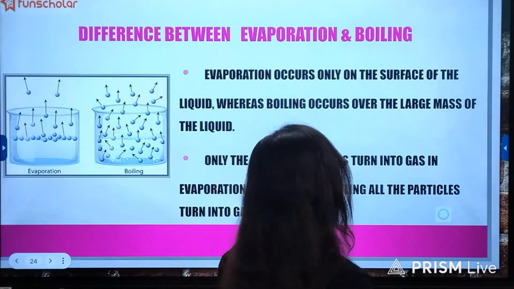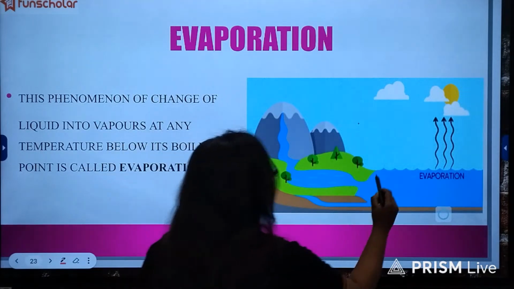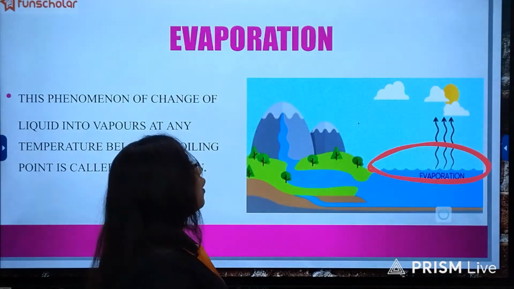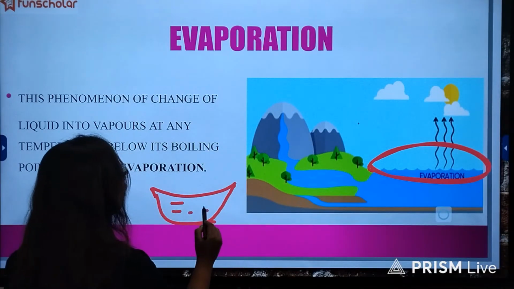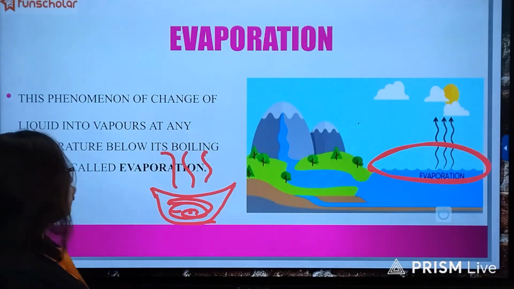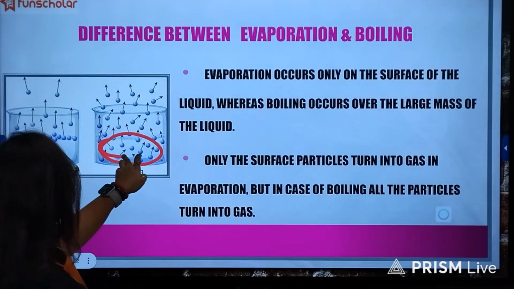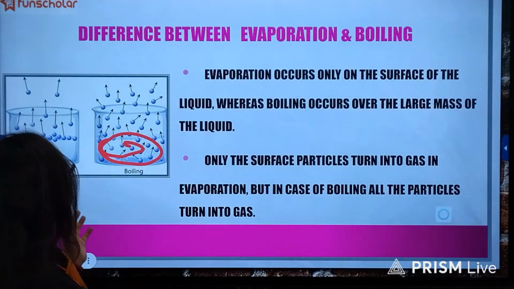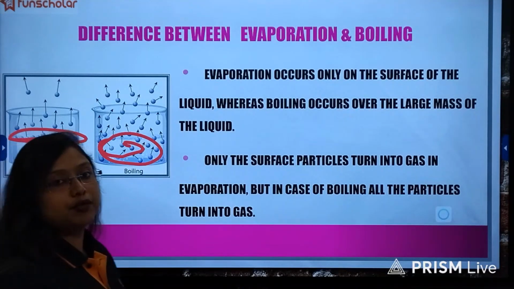If we talk about evaporation, there is a surface of water. Here you can see that evaporation is basically happening from this area, the surface of that particular liquid. But if we talk about boiling, we take this water in a pot, and boiling is happening from the overall liquid, its whole content, density and volume. This phenomenon is actually boiling, but evaporation is absolutely from the surface of the liquid.